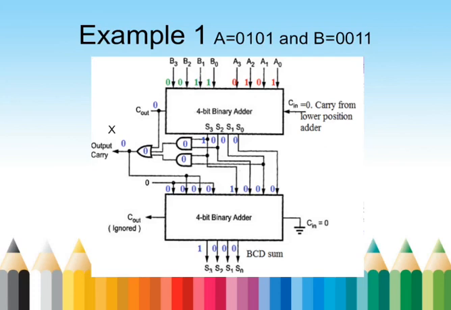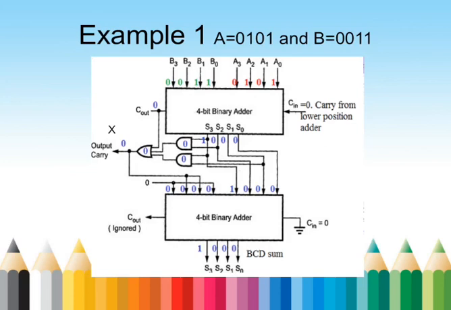Now, by adding the BCD values of A and B, we add each binary bit of A and B. The output sum is 1, 0, 0, 0, expressed as S3, S2, S1 and S0, and the output carry Cout is 0. Now we check the condition X, which is Cout plus S3 into (S2 plus S1).